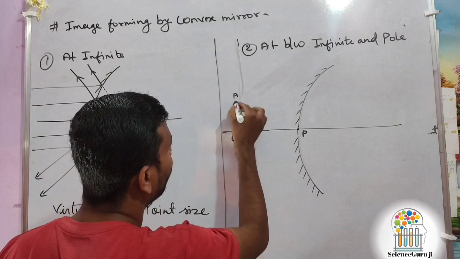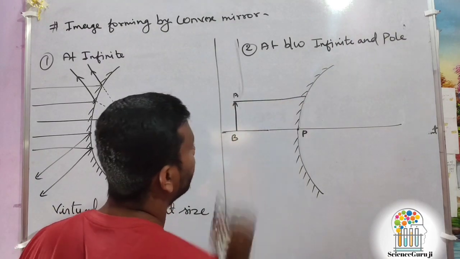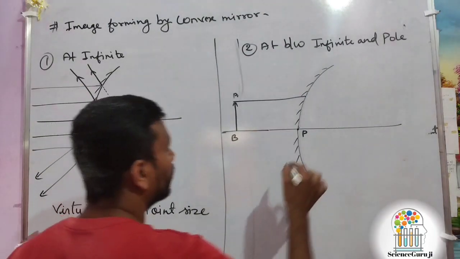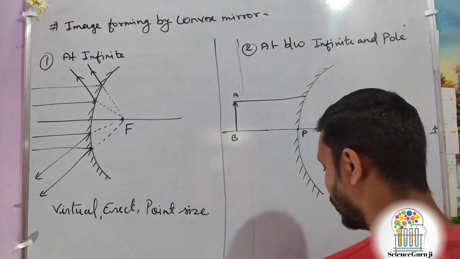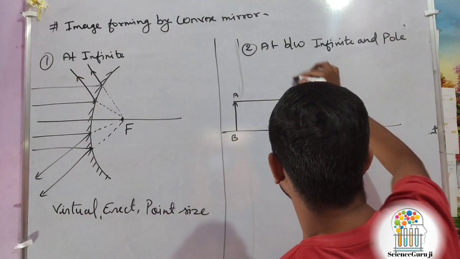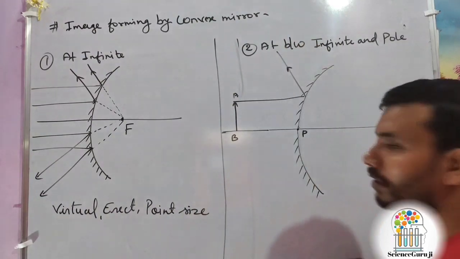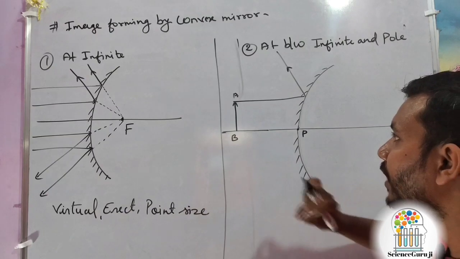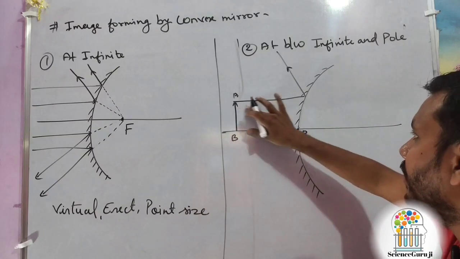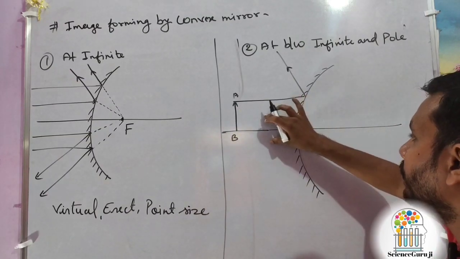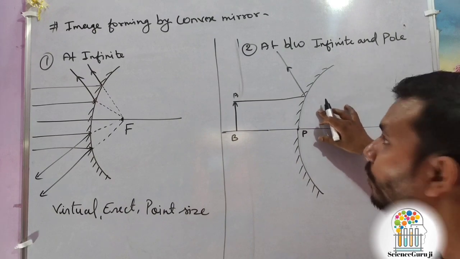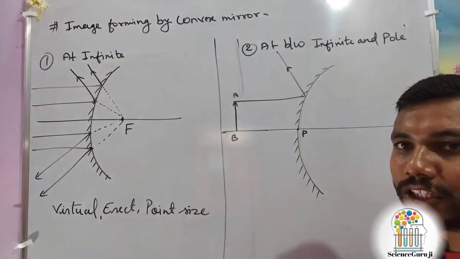Suppose here AB is the object, and after reflecting from the surface, it goes back and diverges to another direction. One parallel line is coming from the principal axis, and after striking the surface it goes back in another direction.